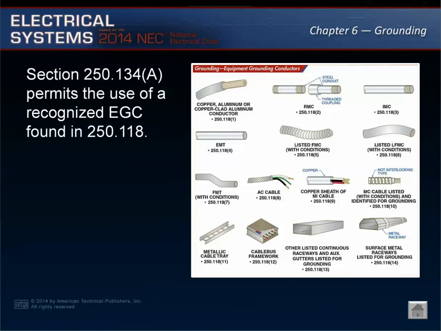For example, a piece of equipment which operates at 240 volts is fed by 2 ungrounded conductors installed in a 3/4 inch run of electrical metallic tubing. EMT is item 4 on the list and is permitted to serve as the equipment ground conductor for this circuit.